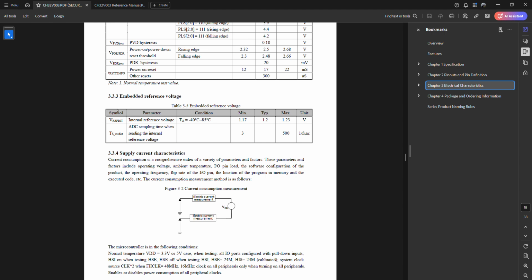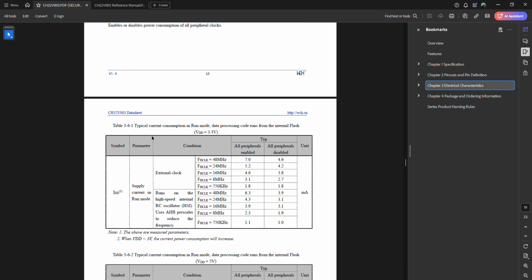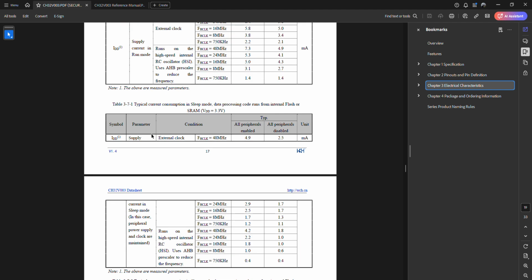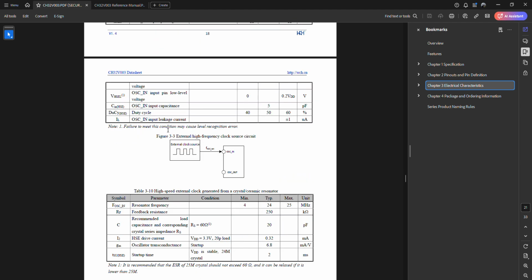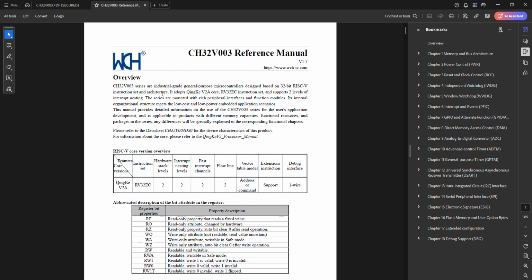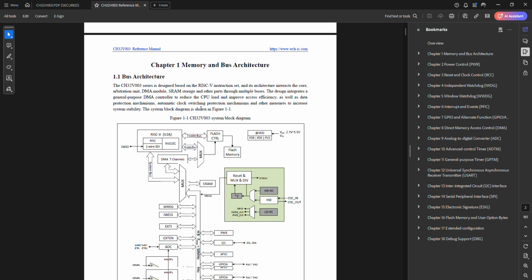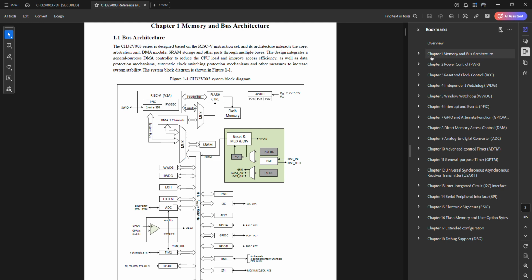We can also see the specifications of the ADC, its internal reference, the clock speeds, and how the power consumption is affected by speed and peripherals, etc. Now if we look at the reference manual, we can see that there are chapters for all the hardware that is available. First we have an overview of the CH32V003 microcontroller. Then we have chapters dedicated to memory and bus architecture, power control, and other hardware as well.